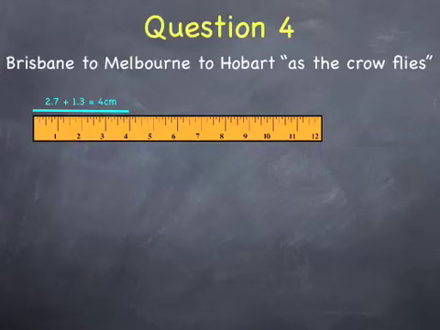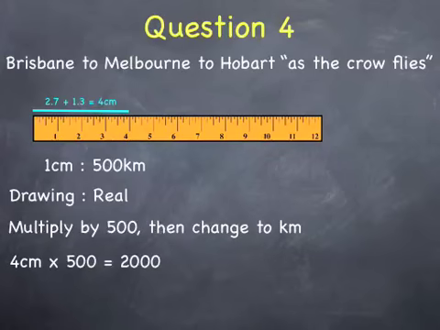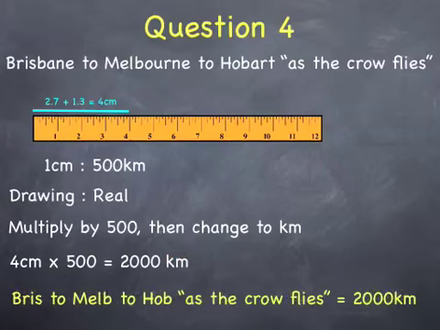Okay, so I got 4 centimetres in total. So 1 centimetre to 500 kilometres, drawing to real, multiply the drawing size by 500, then change to kilometres. So 4 centimetres by 500 is 2,000 kilometres. So from Brisbane to Melbourne to Hobart, as the crow flies, equals 2,000 kilometres. Okay, it's time to try it out and go on to the next page.